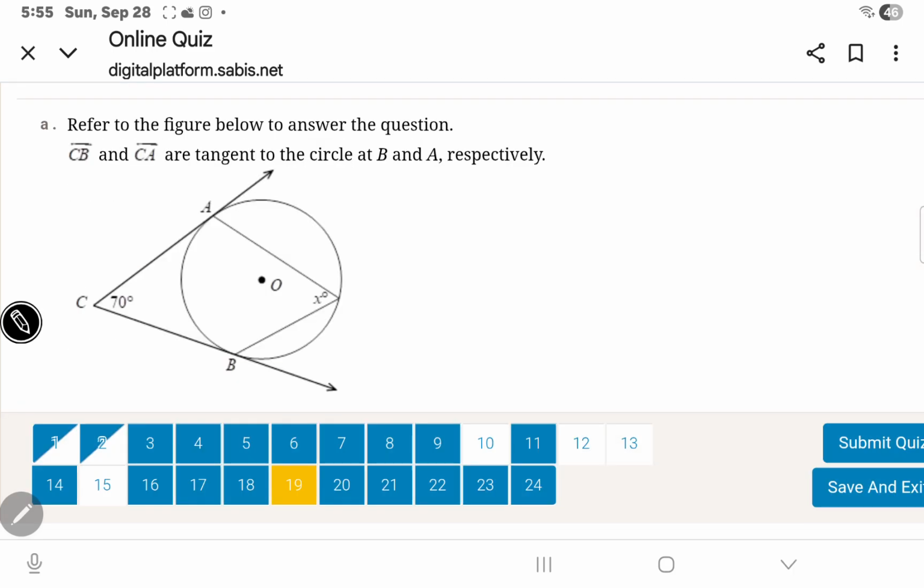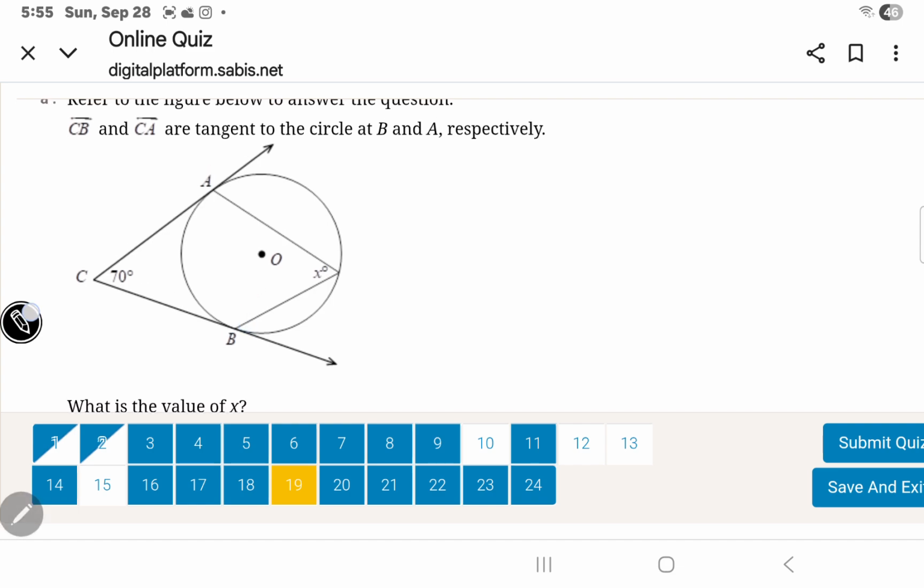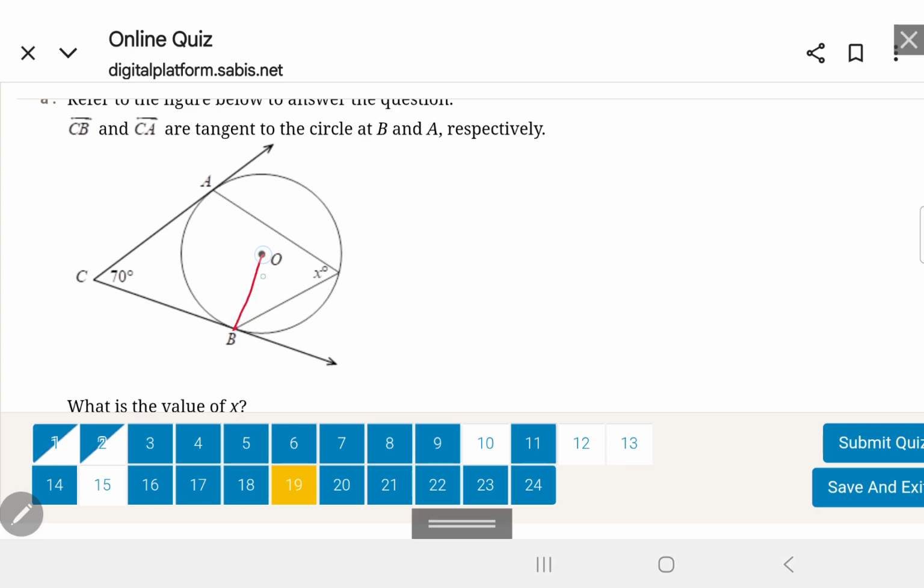Number 19. Okay, here you have to find the value of x. First step, let me connect this side radius and this radius. This is 90 and this is 90 because tangent and radius are perpendicular.